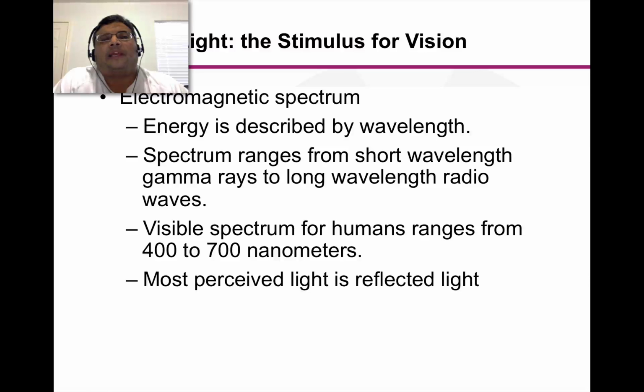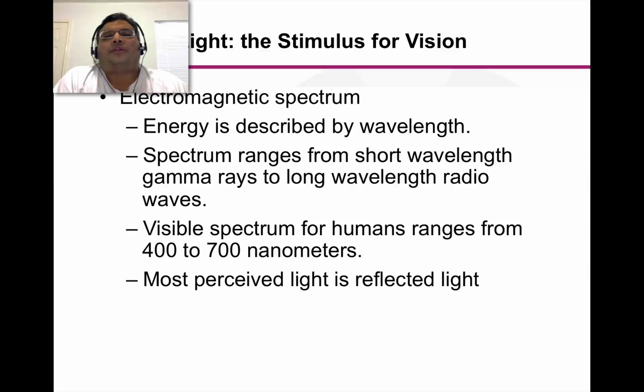Light is part of the electromagnetic spectrum. The electromagnetic spectrum is energy that travels through space. And the primary way that we separate out the different types of energy that travel through space is by wavelength. Wavelength is the size of the waves that the energy travels in.